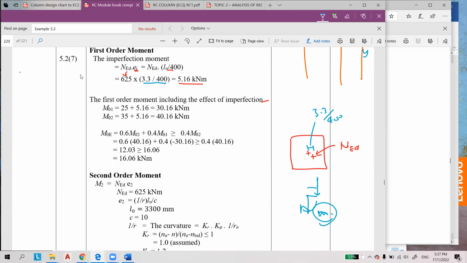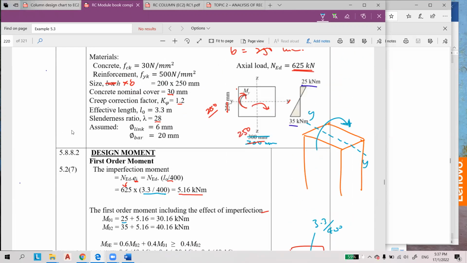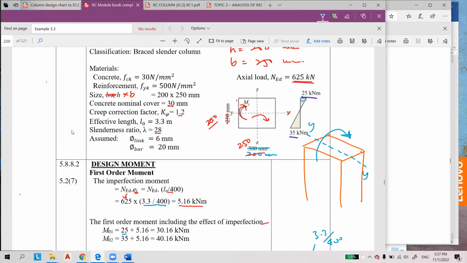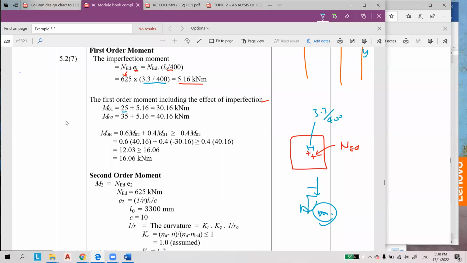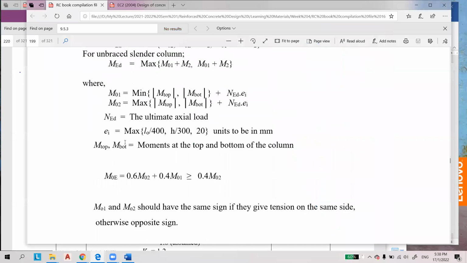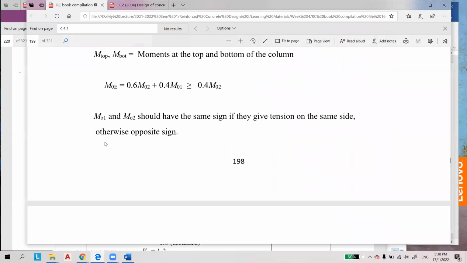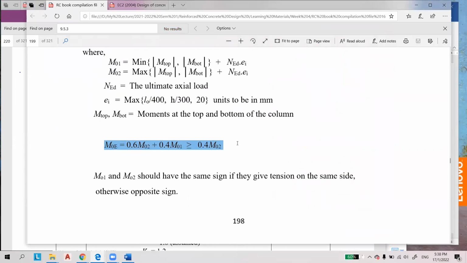From the top this is 25, and from the bottom it is 35. It will give the values of M01 and M02, and then M0E you just obtain using these equations. You can refer to this book, this page.